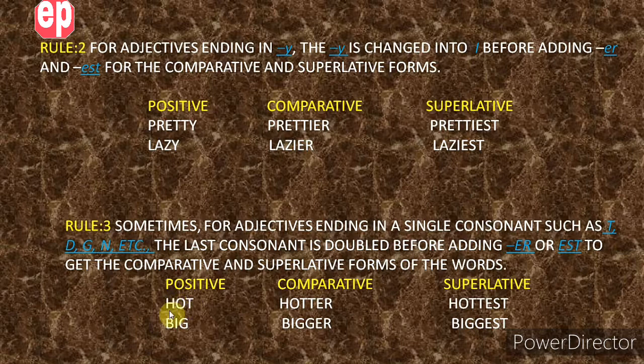For example, hot, hotter, hottest, big, bigger, biggest. Look at the comparative and superlative degrees. T is doubled here in comparative degree, and g is doubled in comparative degree for bigger. Also in superlative degree, hottest and biggest.